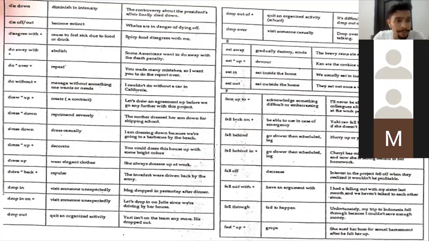Now here, take a look at this one. Do over significa repetir. ¿Qué pueden ver aquí? Entre el verbo do y la partícula over hay un pequeño símbolo. ¿Sí lo ven? En sus fotocopias es como un asterisco. Aquí se ve más como un punto.